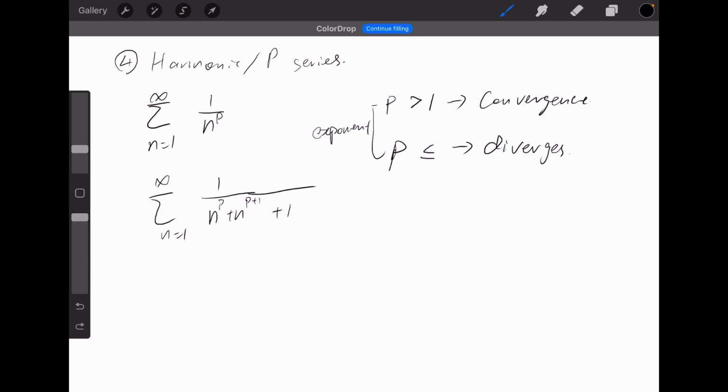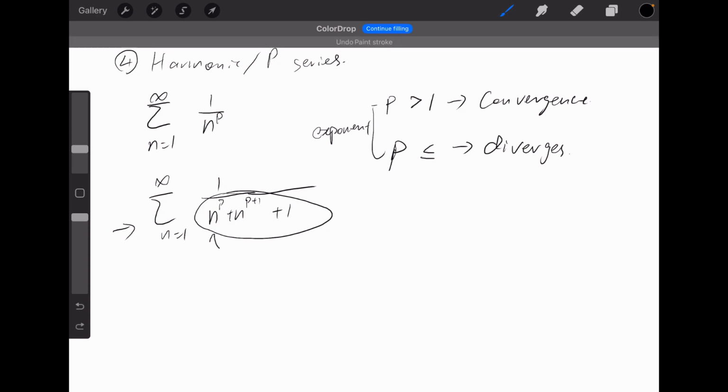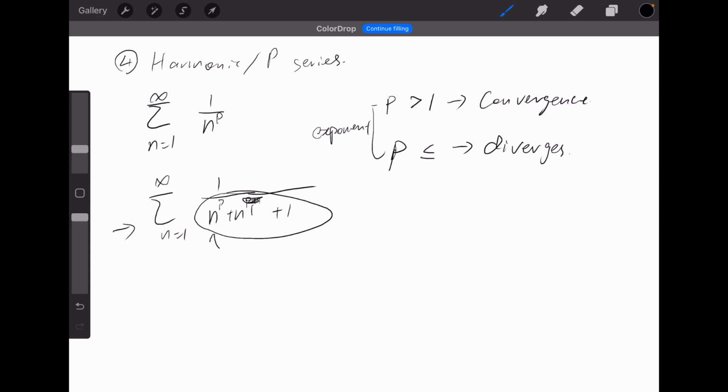And in this case, where we have a polynomial as a denominator, we just take the biggest one, the leading degree, the leading term, to do the test. So if p is greater than 1, then it converges. Otherwise it diverges.